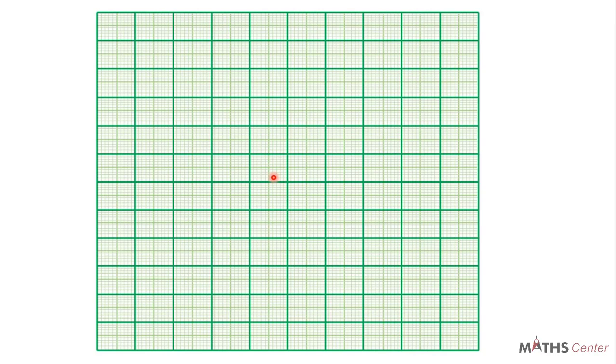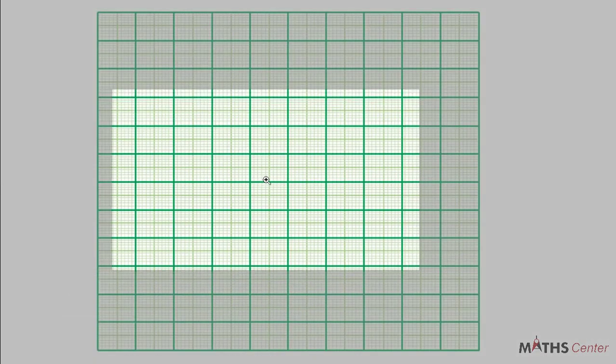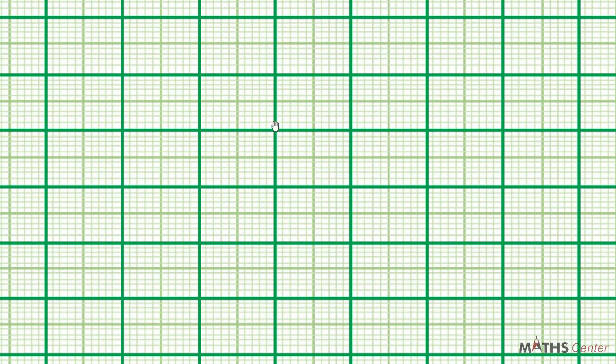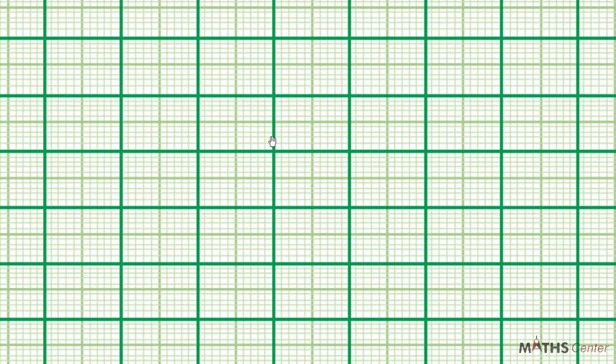Let's learn more about our graph sheet. On our graph sheet, the distance between one major grid line and the next major grid line is 2 centimeters. So once again, I'll zoom into one portion so that you see what I'm referring to here. The distance between this vertical major grid line and this vertical major grid line is 2 centimeters.